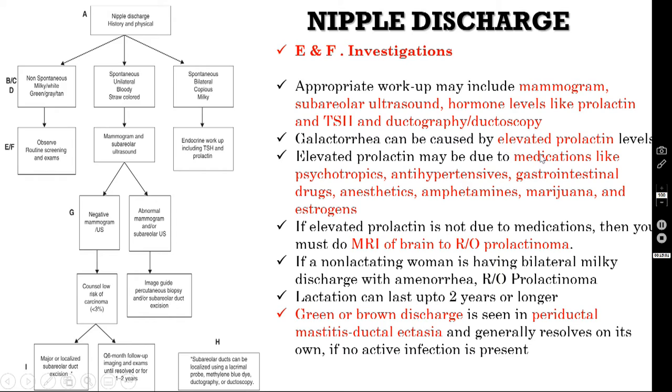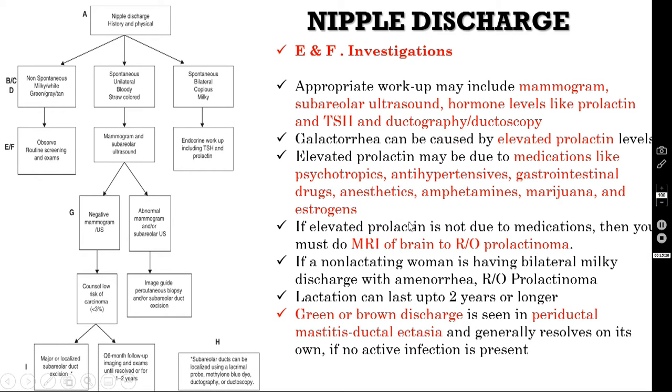Galactorrhea can be caused by elevated prolactin levels. This elevated prolactin may be due to medications like psychotropics, antihypertensives, gastrointestinal drugs, anesthetics, amphetamines, marijuana, and estrogens. All these drugs can produce elevated prolactin, and that is the cause for the galactorrhea.